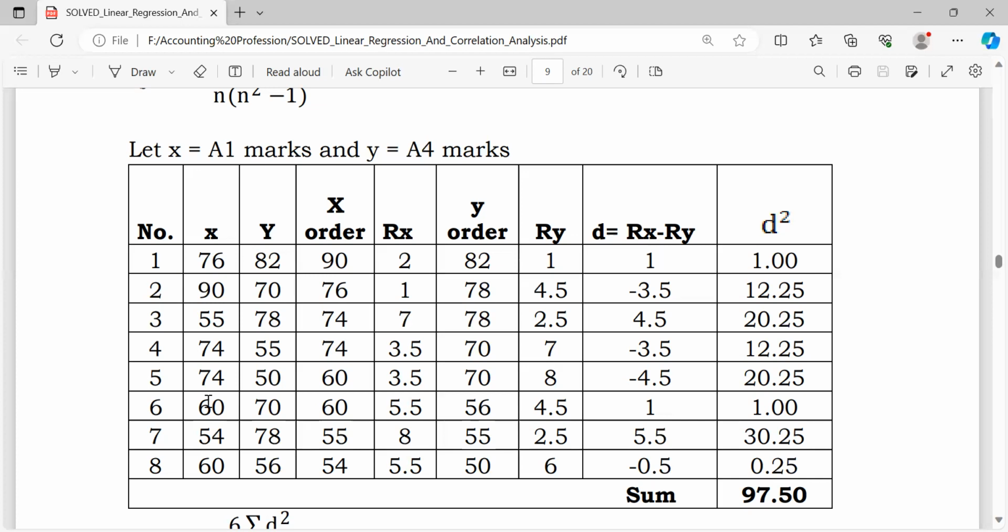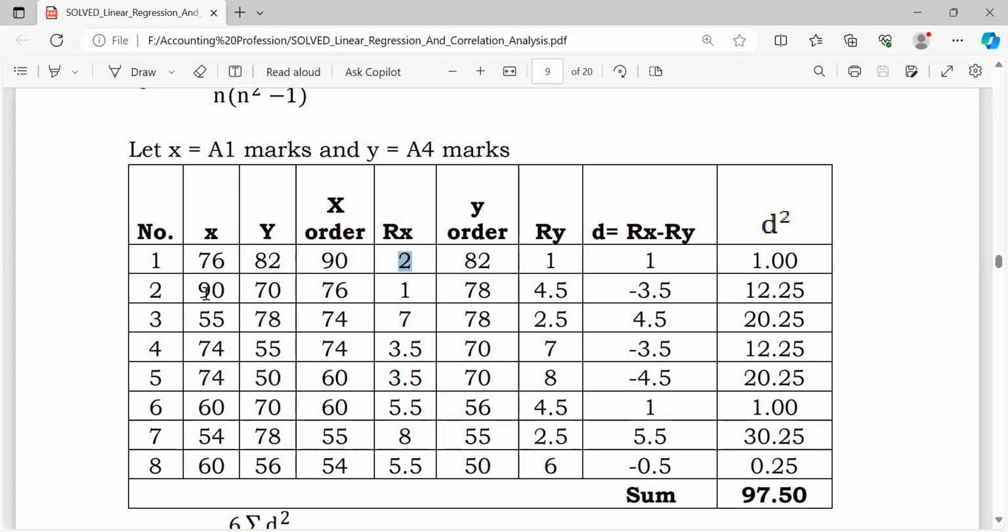So let's start with 76. 76 is here, and being here, it shows that it is on number 2, and it is alone. So for 76 here, we put number 2. Do not confuse. We do not follow these numbers here; we come back to the numbers here. These are just for ordering. So 76 is ranked second.